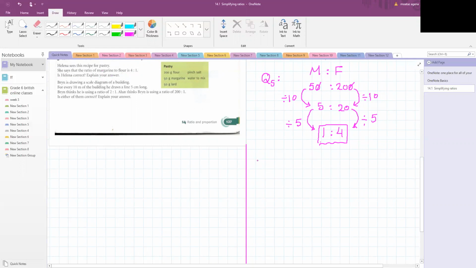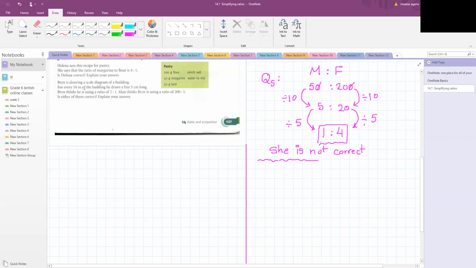Okay, let's go for the next question. Question 6. Brian is drawing a scale diagram of a building.